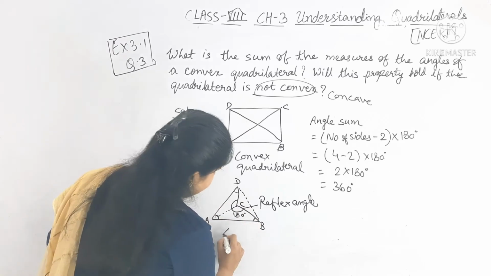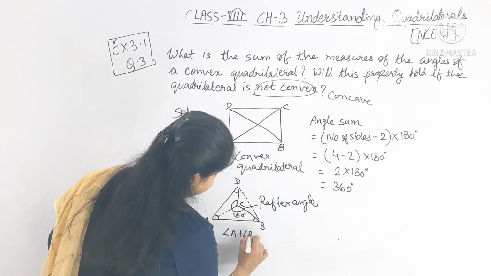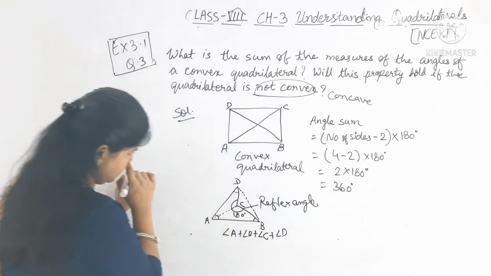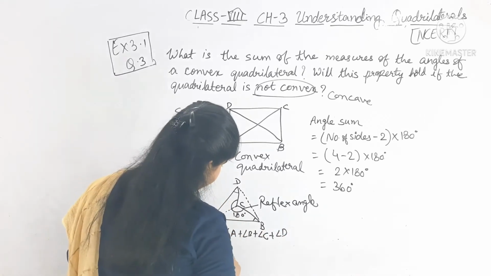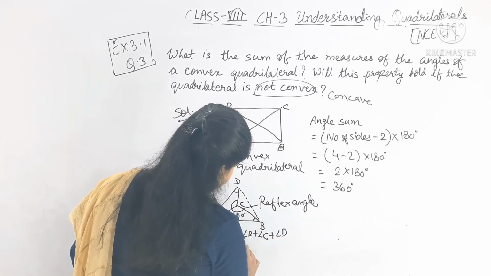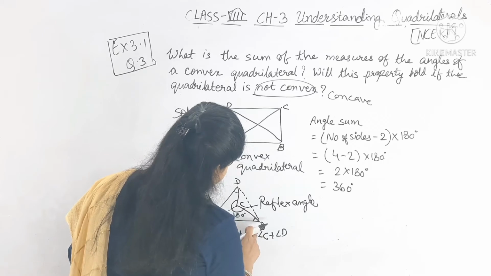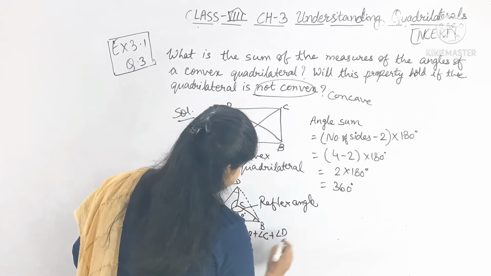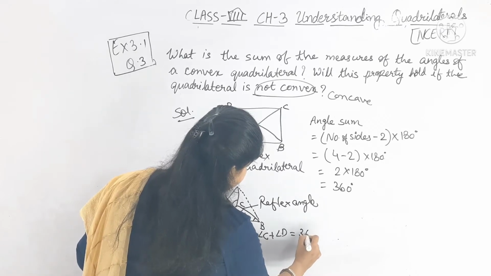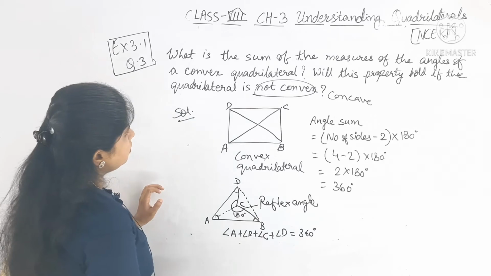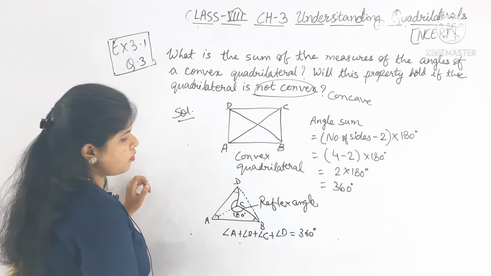So angle A plus angle B equal to 360 degree. So this also holds for a concave quadrilateral, this property.